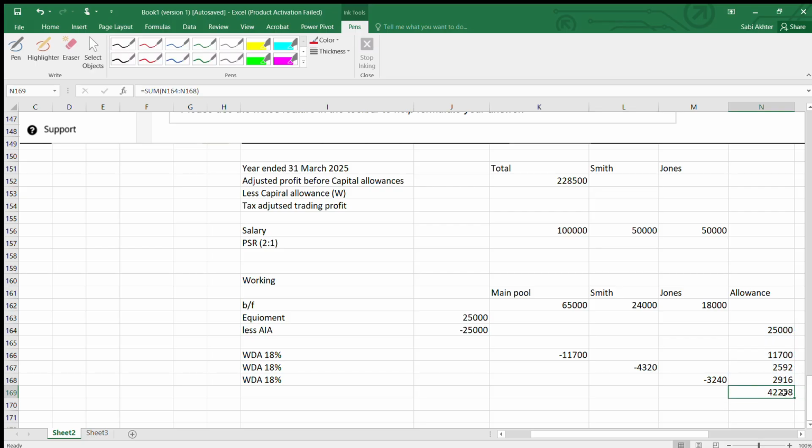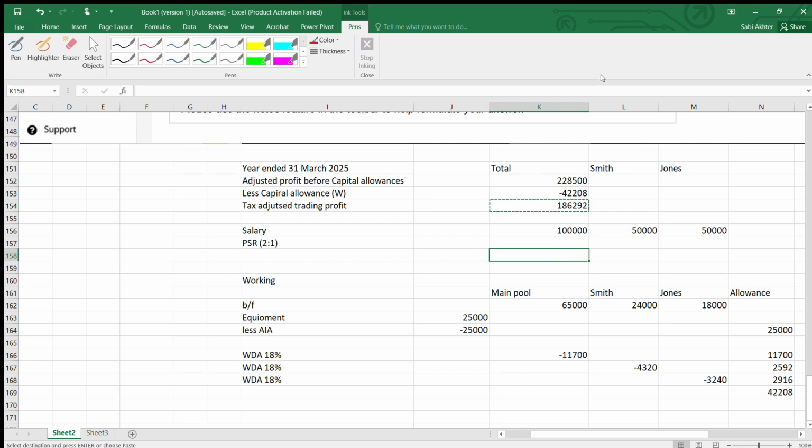So this will be deducted from here, minus 42,208. Sum function. Done. Okay. So now it is 186,292. This total has to be here.